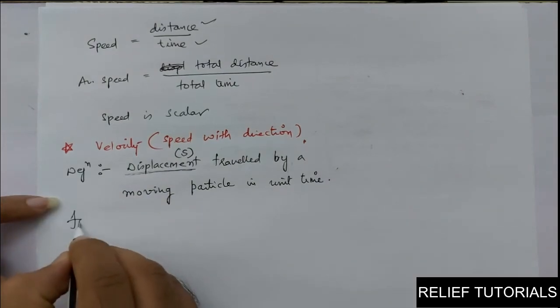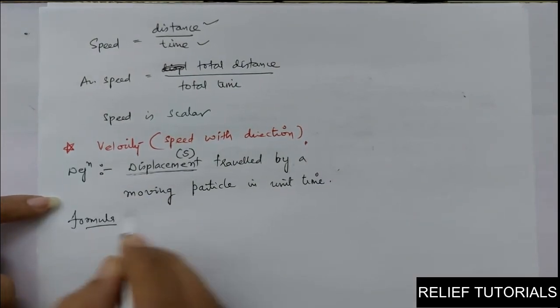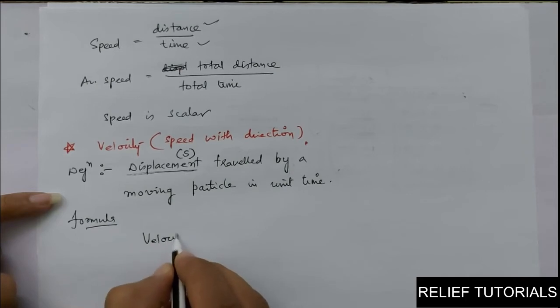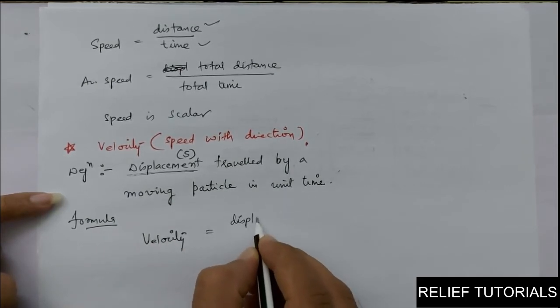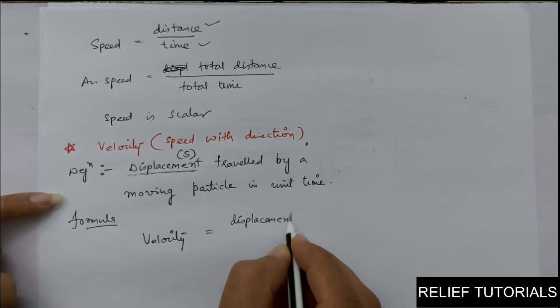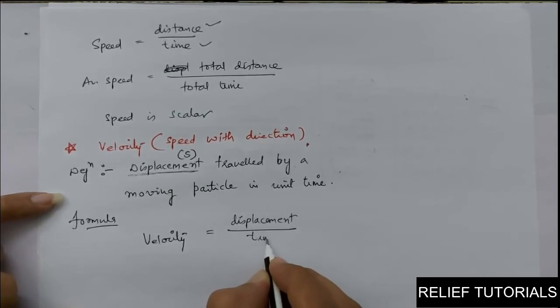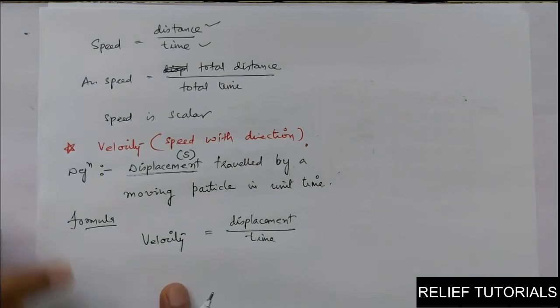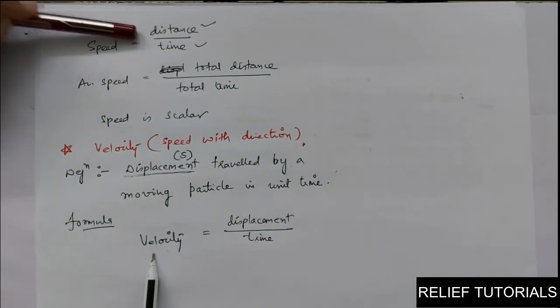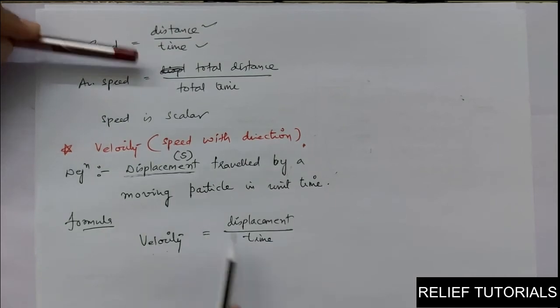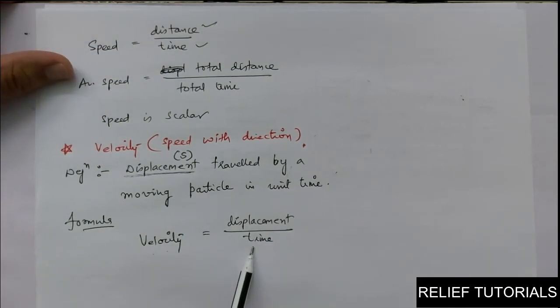The definition is the same, so the formula will also be the same. So what can we write as the formula for velocity? Velocity is equal to displacement upon time. Look at the difference in these two formulas. Speed is distance upon time and velocity is displacement upon time.